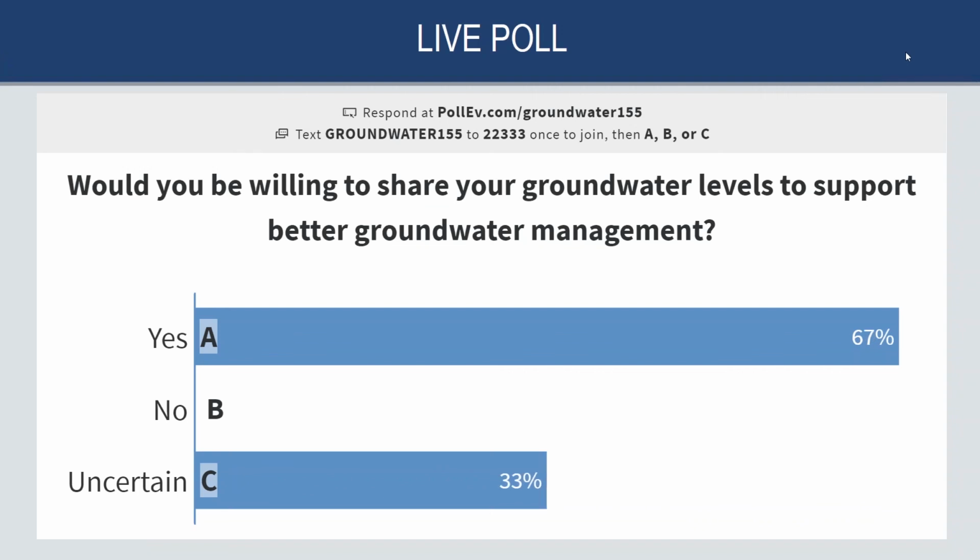What does share mean? Did you see the question? There was a question. What does share mean? As you're voting, maybe I can add a little texture to this question. Share means, there may be as many as 1,000 well sites within MAGSA, and obviously a manager's goal would be to have 100% participation of all of those wells with elevation data and pumping data so we can get maximum management out of it.